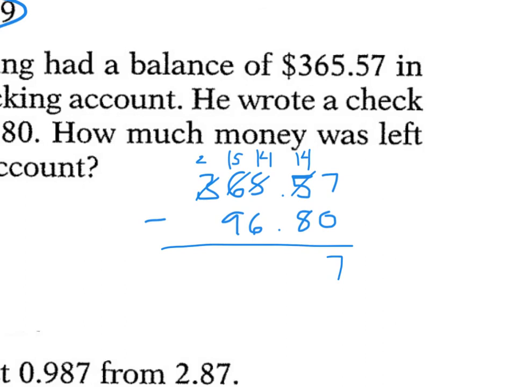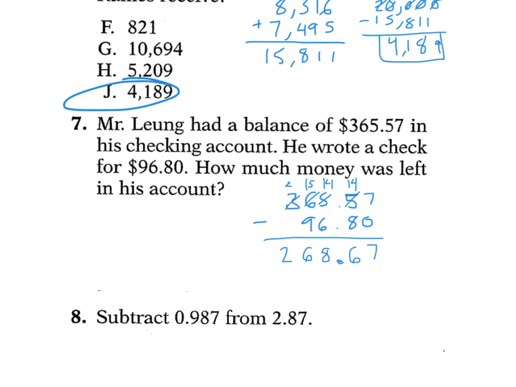So 14 minus 8 is 6. Drop our decimal down so it stays in line. 14 minus 6 is 8. 15 minus 9 is 6. And 2 minus 0 is 2. So the amount left in his account was $268.67.